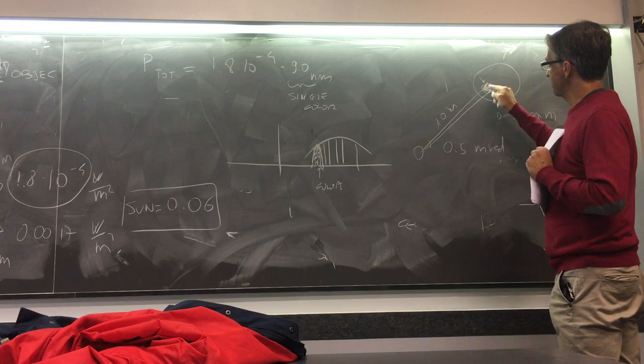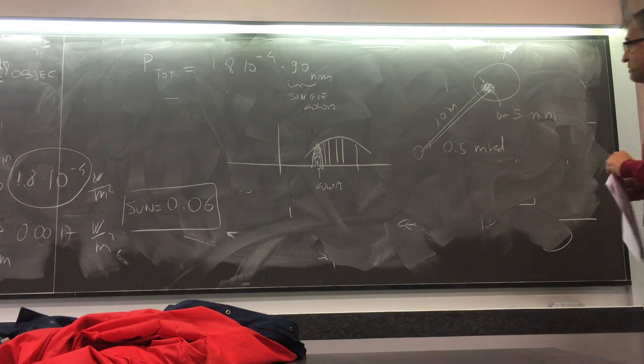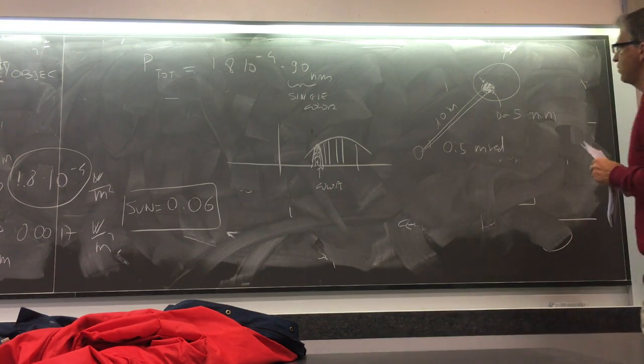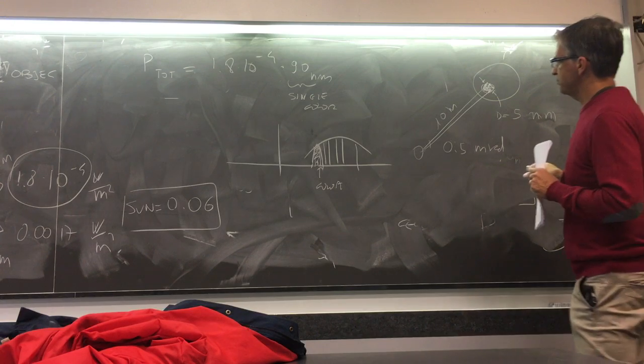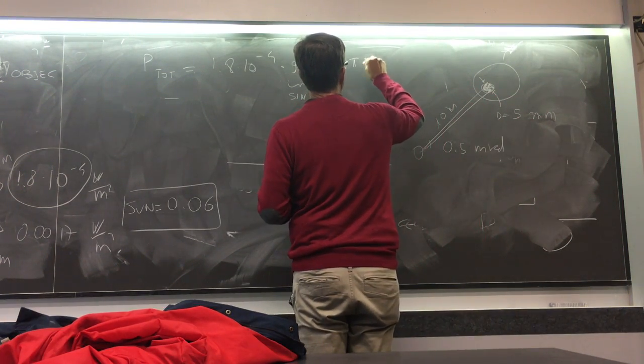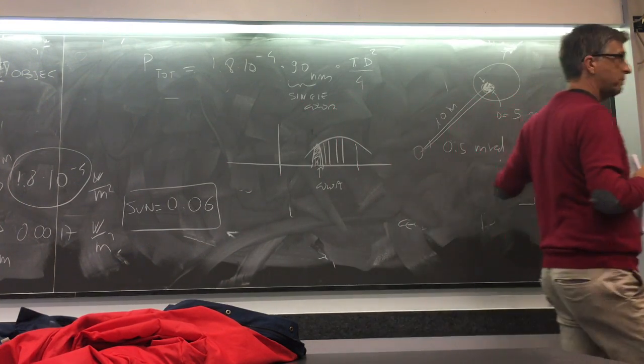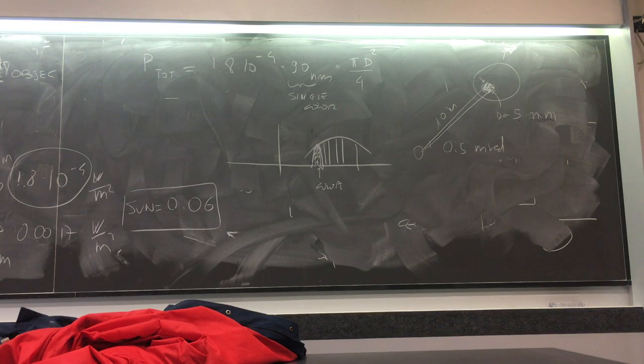So 5 millimeter at 10 meters is a very good resolution, and this is much better with our phone. Now, if you want to multiply, the surface is pi d square divided by 4, and d square is this number, 5 millimeter.